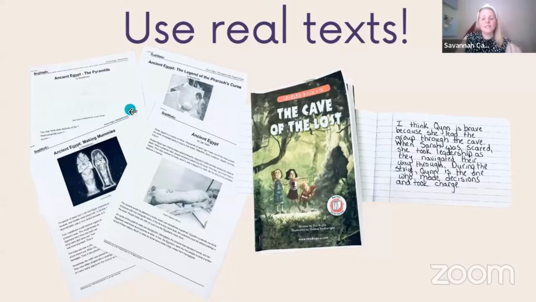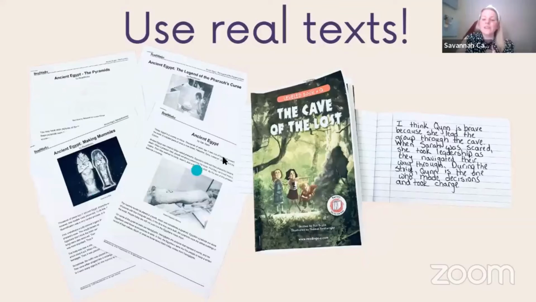And the reason this is important is because when you have content knowledge like this, think of it like Velcro. Say I know a little bit about mummies, right? Well, the next time I read about the pyramids and they start talking about mummies, I already have some knowledge on that. Now I can build my knowledge. So every time we give them something around the same content, we are growing that knowledge.